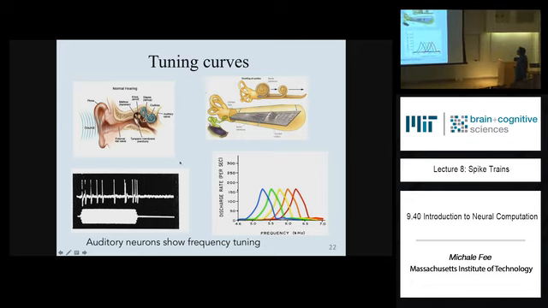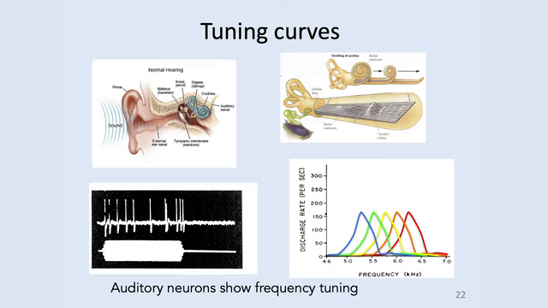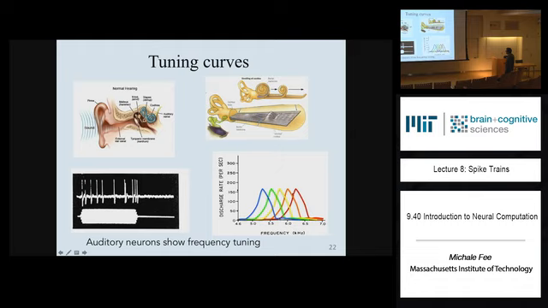So if you record from neurons in auditory cortex and you play a tone, this shows an oscillograph of an auditory stimulus at some frequency, you can see that this neuron spiked robustly in response to that. So individual neurons are tuned to respond robustly at particular frequencies, but not other frequencies.